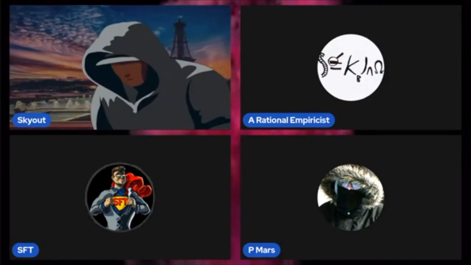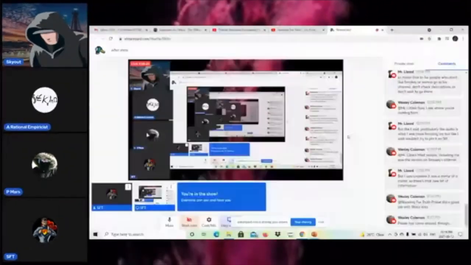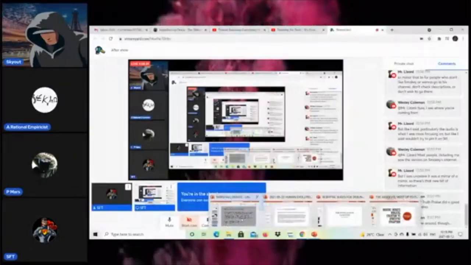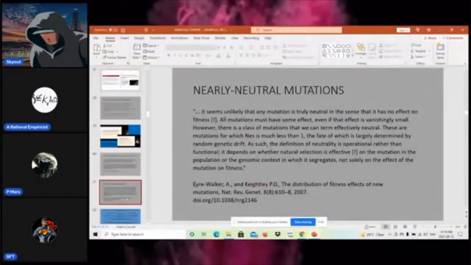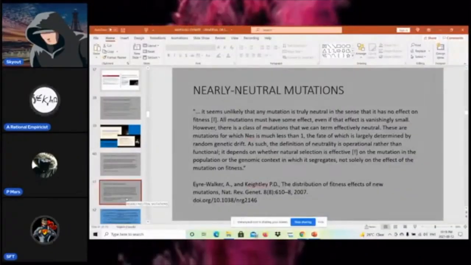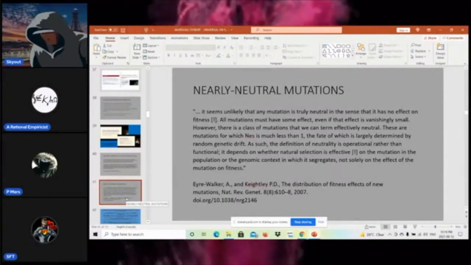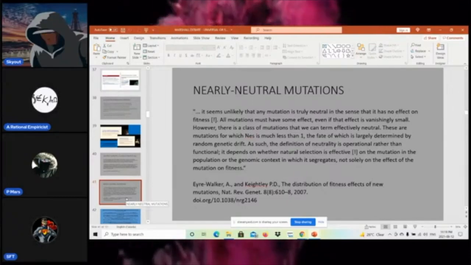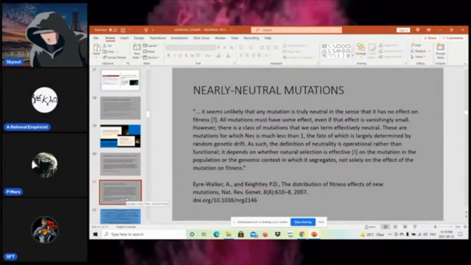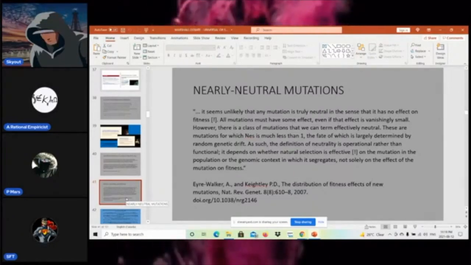Skylet, if you could maybe share my screen real quick. You can go into the reasons why you think it's contradictory, and that's fine. But it's not like this is made up by young Earth creationists.